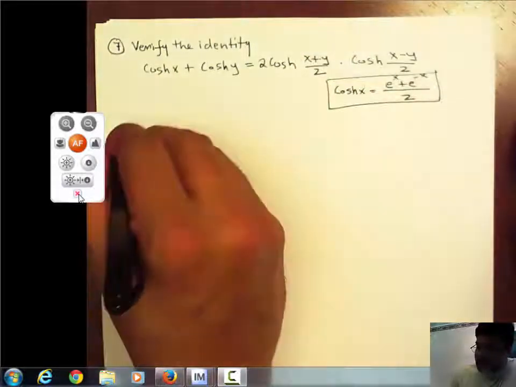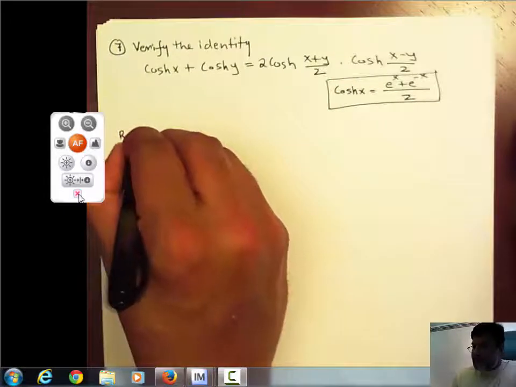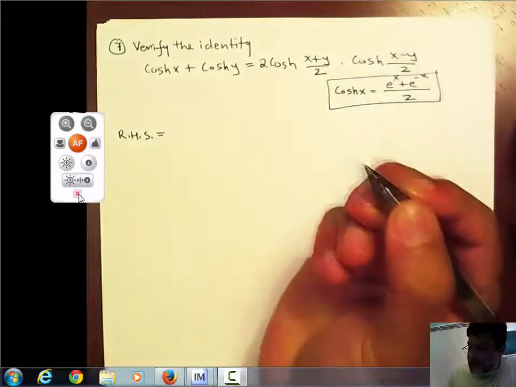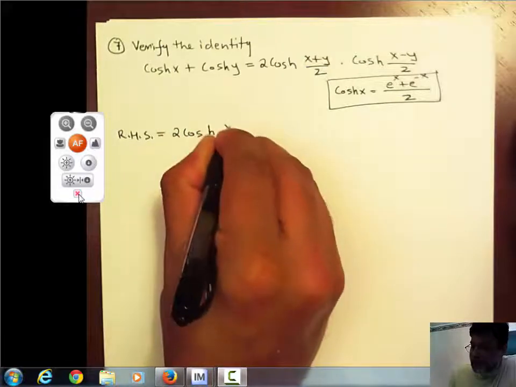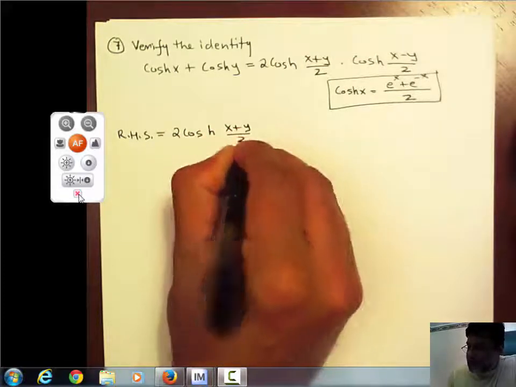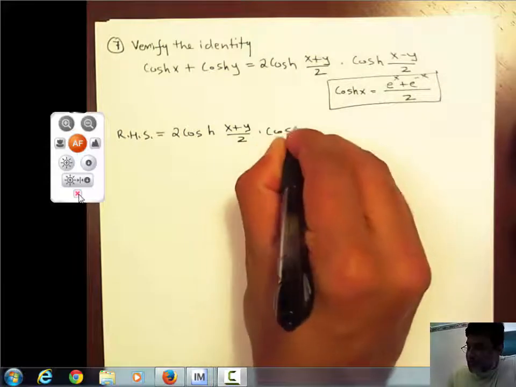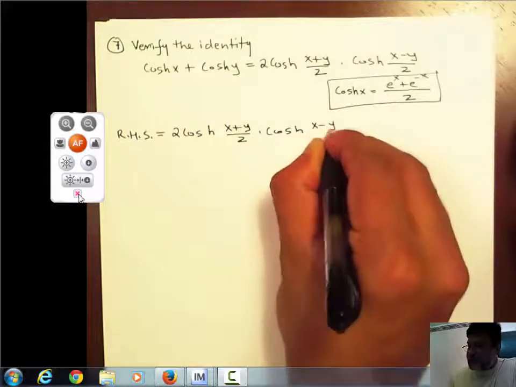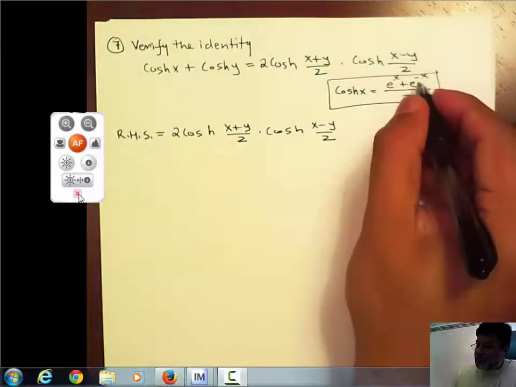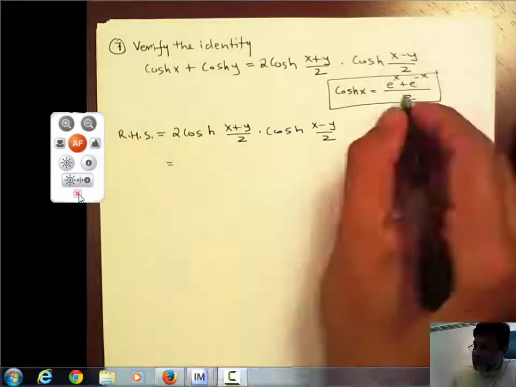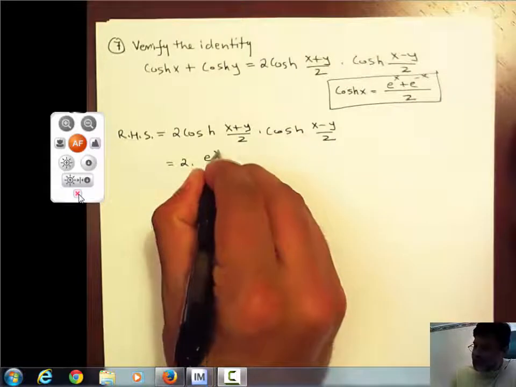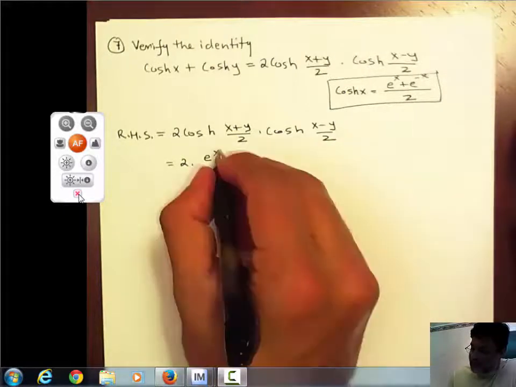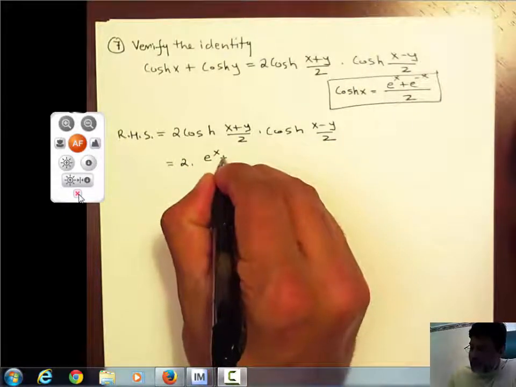So right hand side will be 2 cosine hyperbolic x plus y over 2 times cosine hyperbolic x minus y over 2. Now this is 2 times e to the x plus y. Let me write right over here.